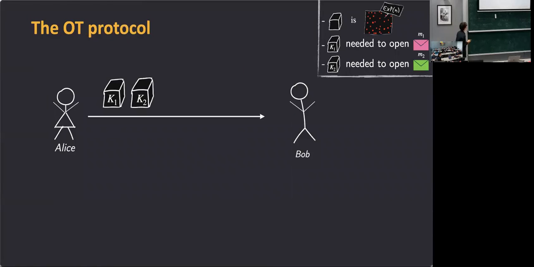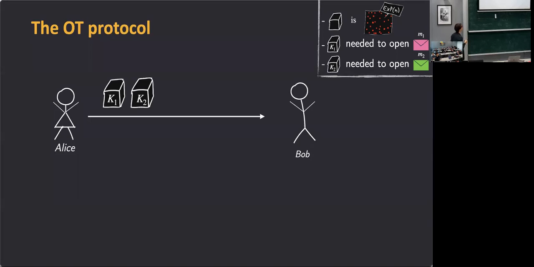And here's the protocol. Each box here represents some exponentially large state, you wouldn't see it, that Alice is going to send to Bob. So she has two, K1 and K2. Essentially, later, the first cube is going to be needed to open the first message, and the second cube is going to be needed to open the second message.